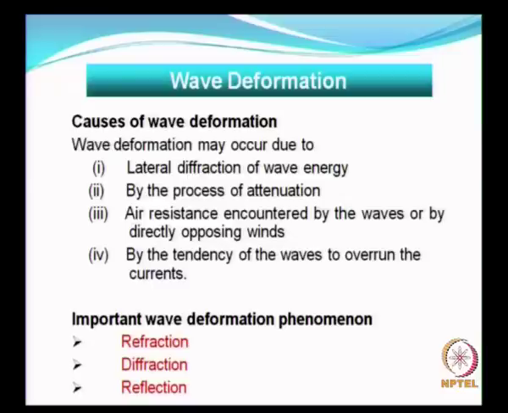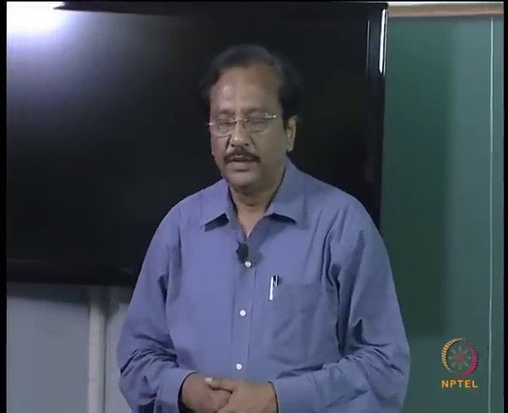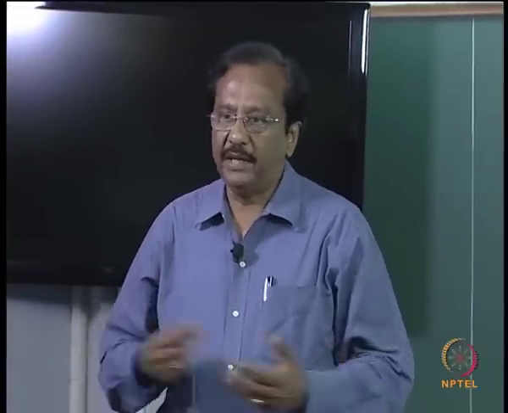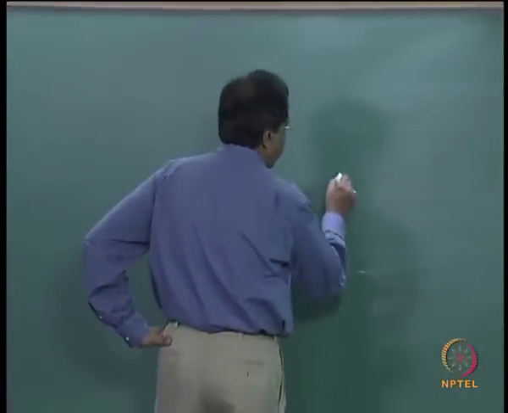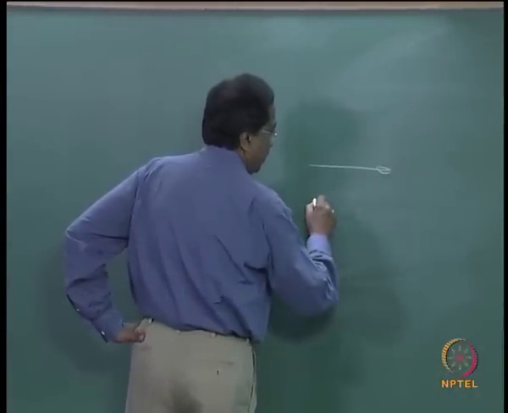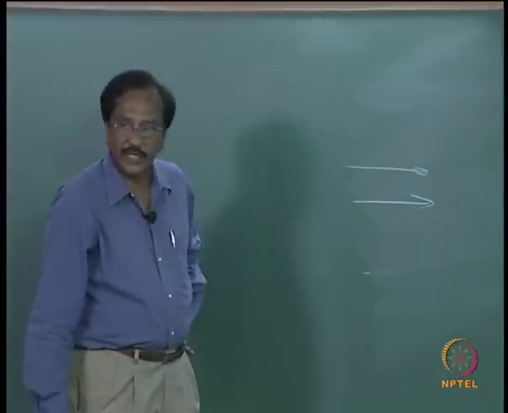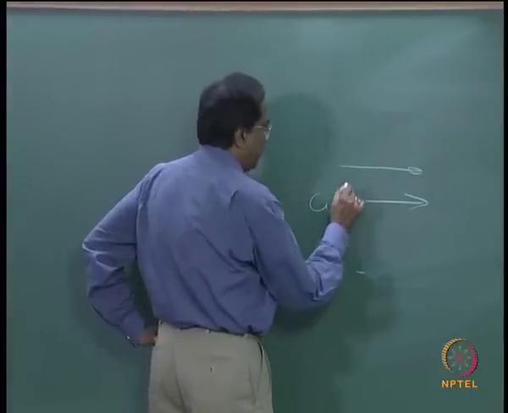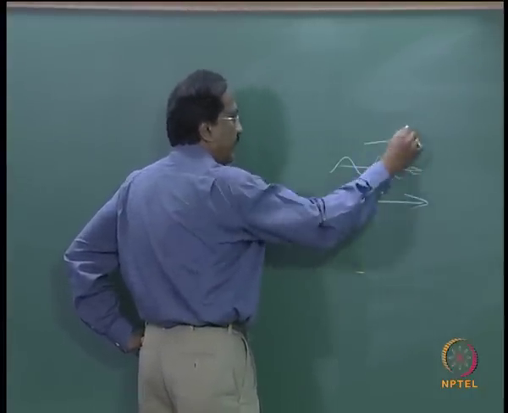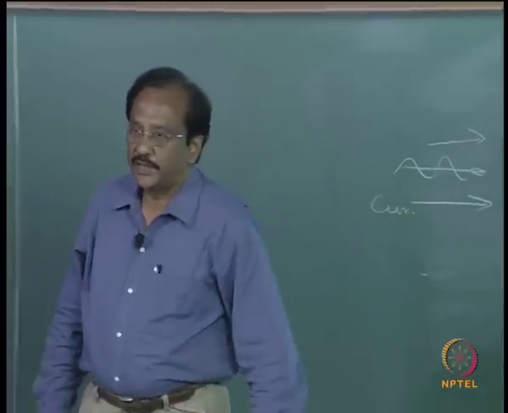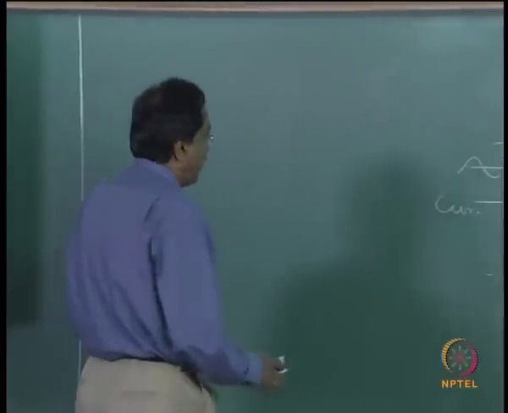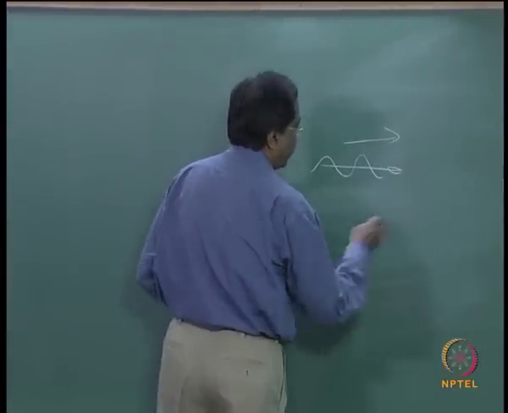Then there is the tendency of the waves to run over the currents. You can have a situation in the ocean where the waves are moving in this direction with a following current. The current will be here and the waves are also moving in this direction, that is called following currents, or you can have a current in the opposite direction.